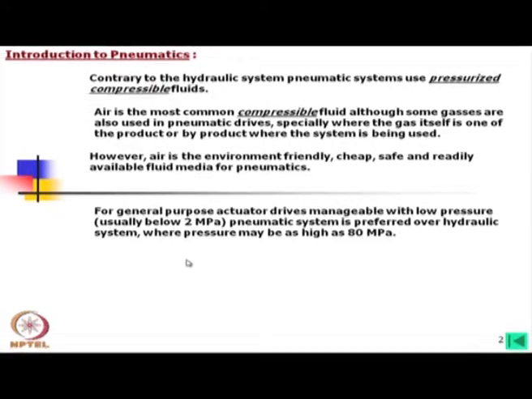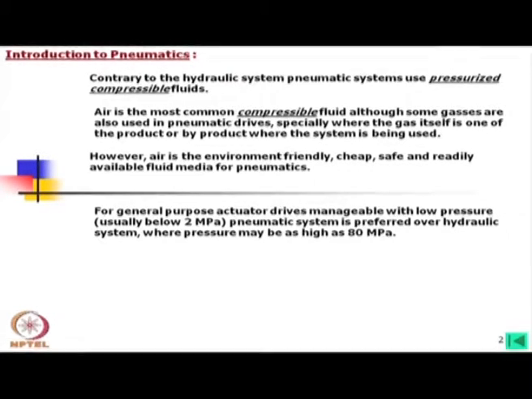For general purpose actuator drives, low pressure is manageable, usually 2 megapascal. 2 megapascal means 20 kg per centimeter squared, just a little above the absolute pressure.